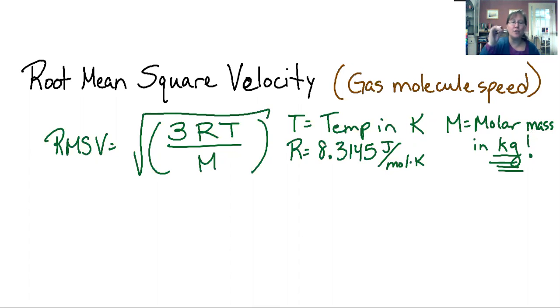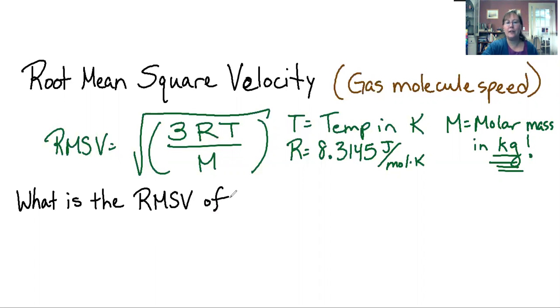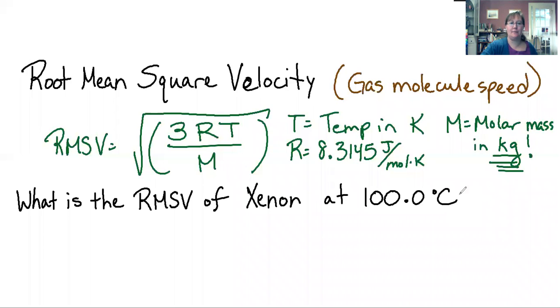Okay, so we could do any gas that we wanted. Let's say that we want to know what is the root mean square velocity of, let me look at my periodic table here and come up with something crazy, let's say, xenon at 100 degrees Celsius.